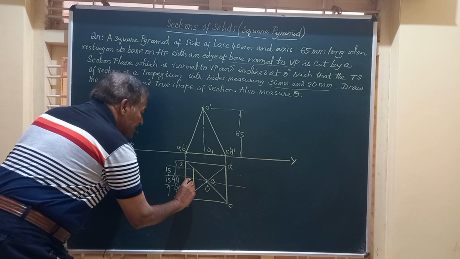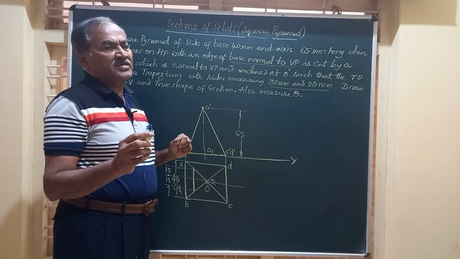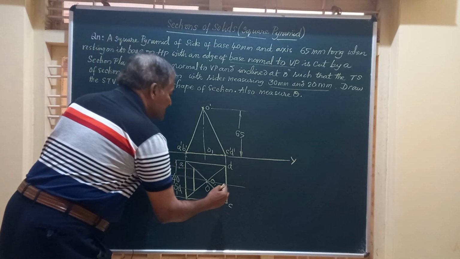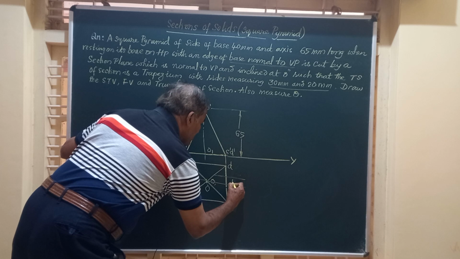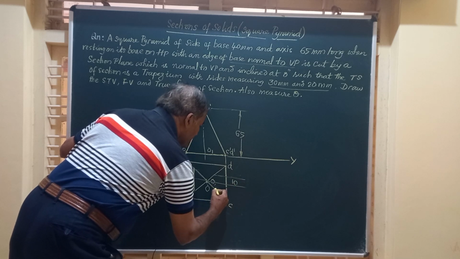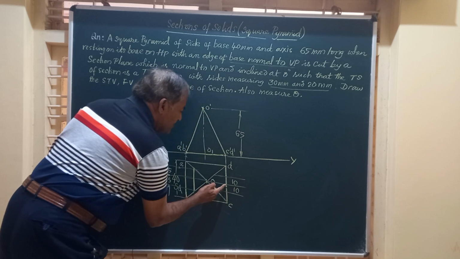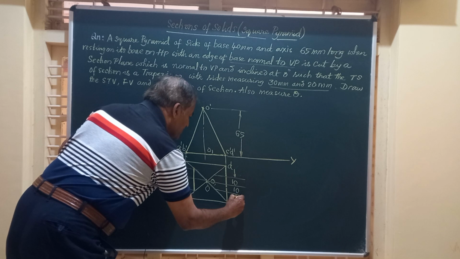That is 15 plus 15, 30. So the longer side of the trapezium will be 30 millimeter. Similarly, on the other side, friends, I will take 10 millimeter, 10 millimeter, because the total side should be 20. So I will take 10 mm above this horizontal, 10 below. So this will be the dimension 20.